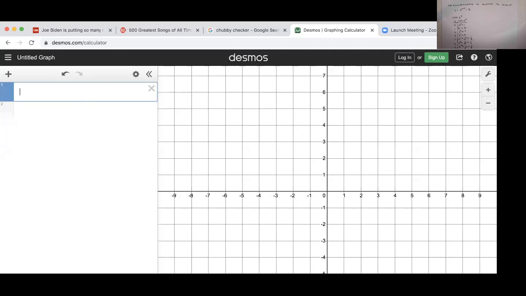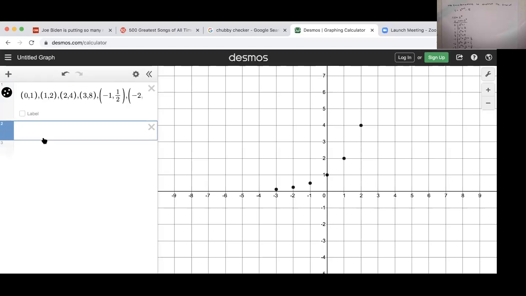And so we have our points that correspond to 2 to the x. 0, 1, 1, 2, 2, 4, 3, 8, negative 1, 1/2, negative 2, 1/4, and negative 3, 1/8. So this is the graph of y equals 2 to the x. We see that.